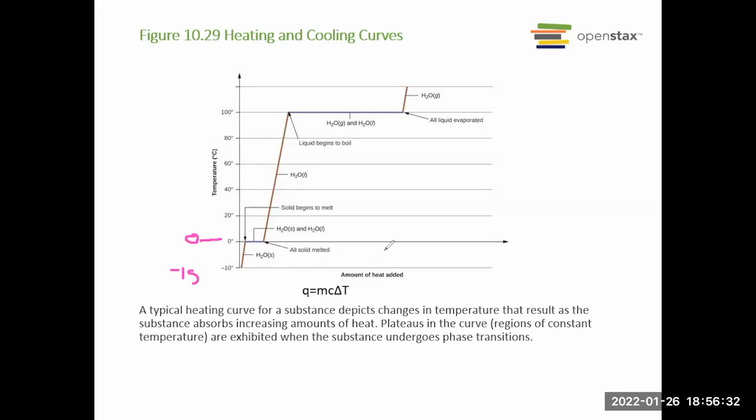Then our Q ice is going to equal our mass, which is 135 grams, times the specific heat of the ice, which is 2.09 joules per gram Celsius.